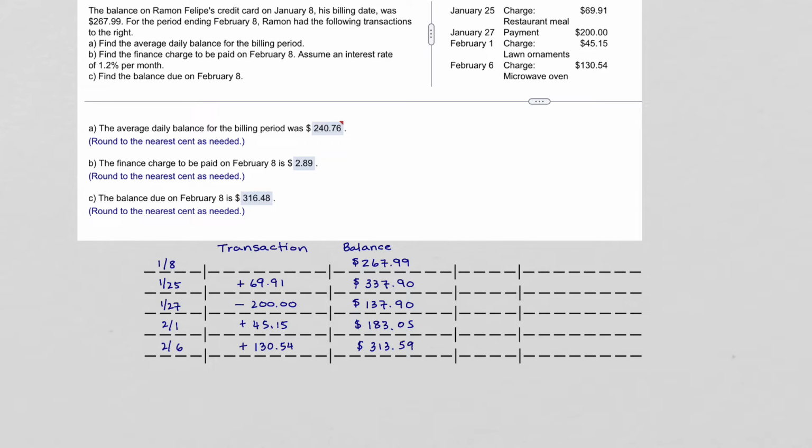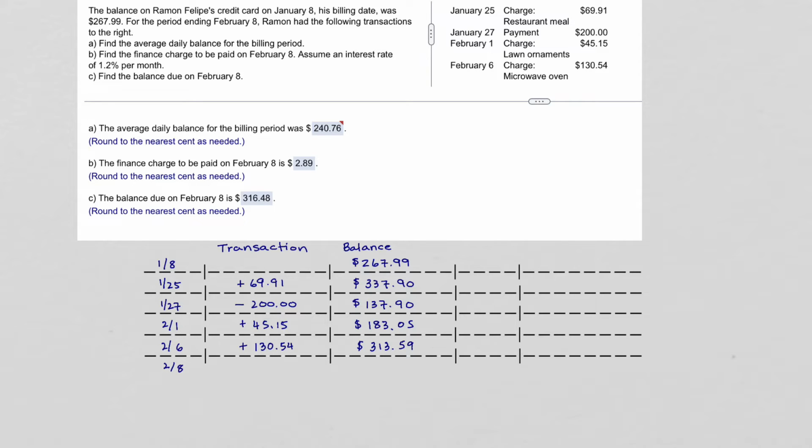And then the period ends on February 8th, so we're going to put that at the bottom here. So now I'm going to look at how many days we had each of these balances.